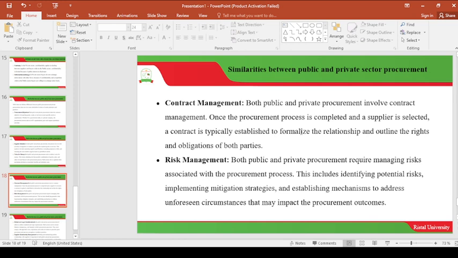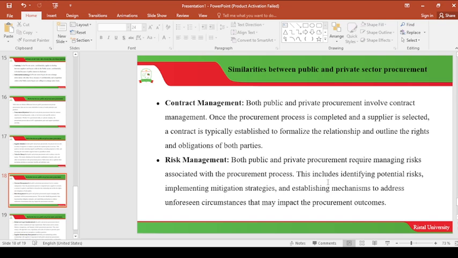So another one is risk management. Both public and private procurement require managing risks associated with the procurement process. This includes identifying potential risks, implementing mitigation strategies, and establishing mechanisms to address unforeseen circumstances that may impact the procurement outcomes.